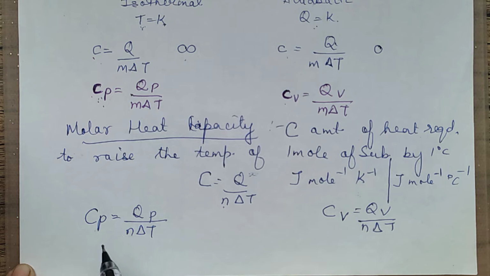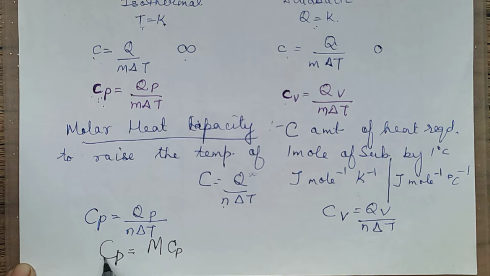So if we want to find a relation between the capital C and small c, we will write it like this: capital Cp, that is molar heat capacity, is equal to molar mass multiplied by the specific heat capacity at constant pressure.